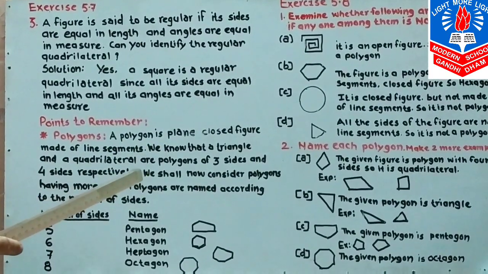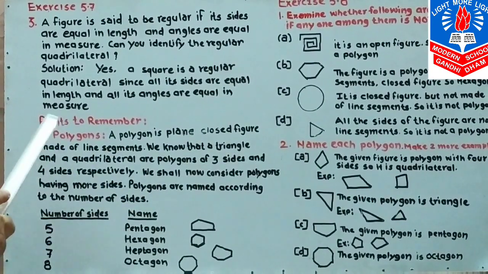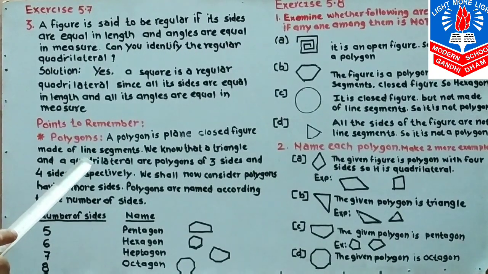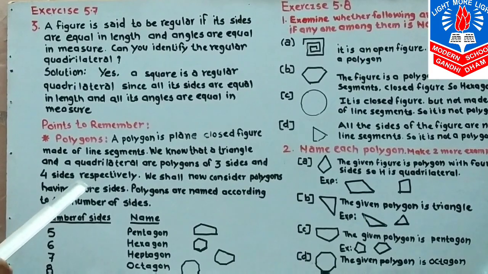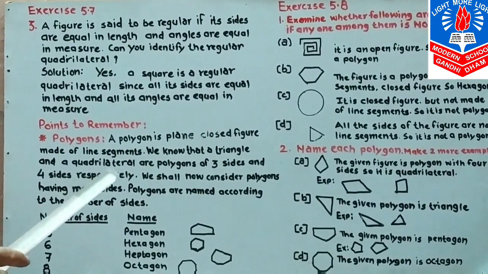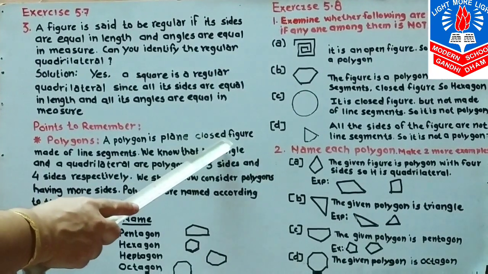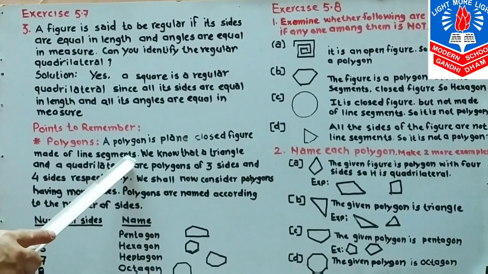Now I start exercise 5.8. Before that, we understand some important points to remember. The point is polygon. I explained polygons to you in chapter number 4. Now we remember what a polygon is. A polygon is a plane closed figure made of line segments.